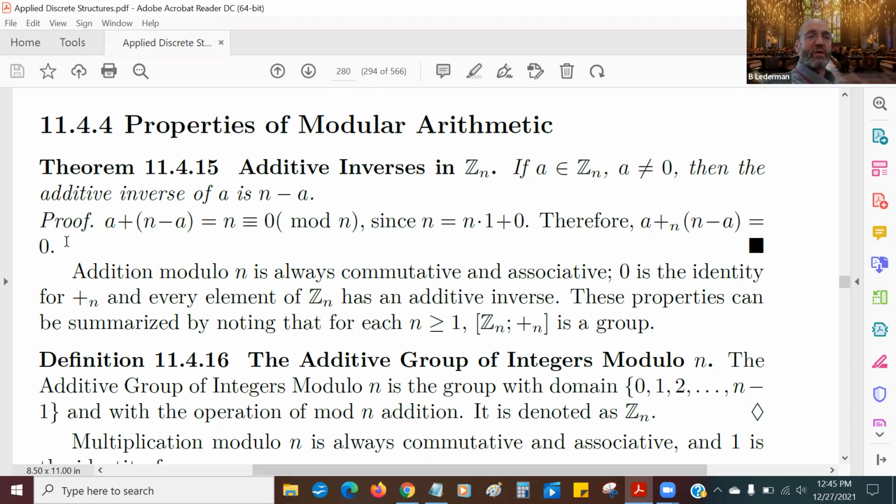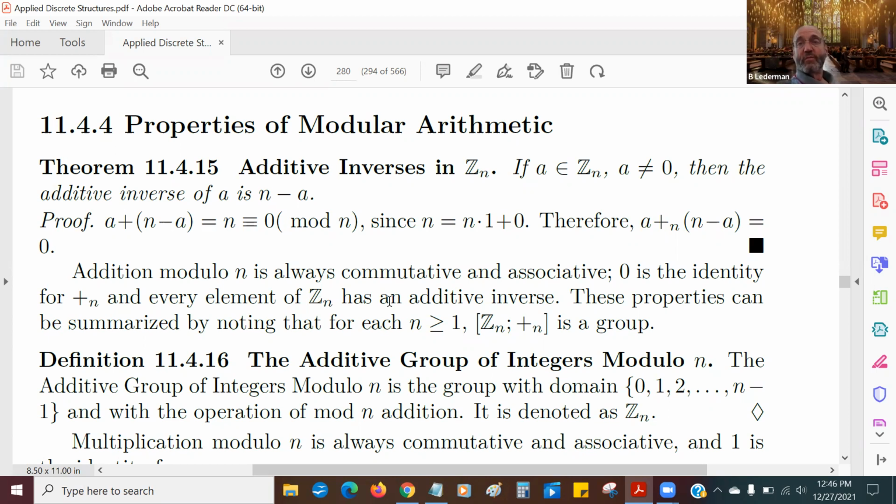So modular addition is definitely commutative. It's definitely associative. 0 is the identity element, and every non-zero element has an additive inverse. So I guess you could say 0 is its own additive inverse. So really, every element has an additive inverse.